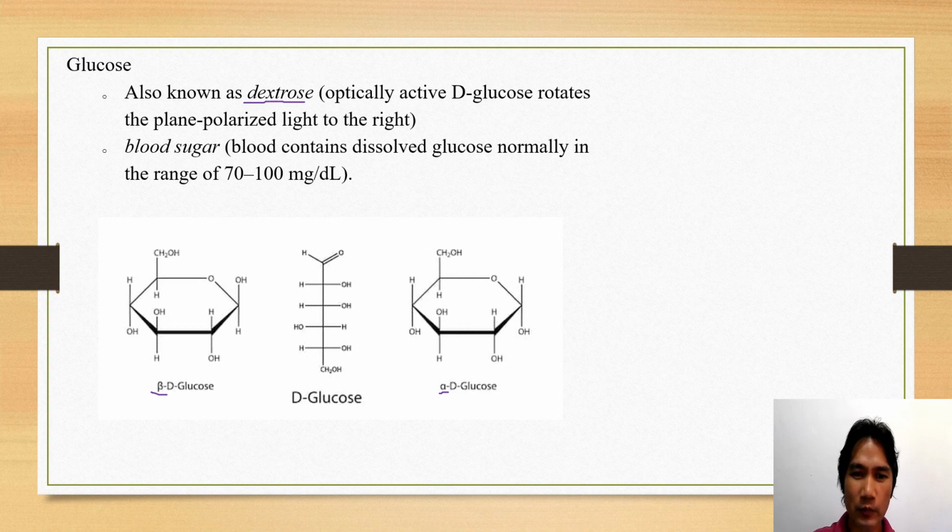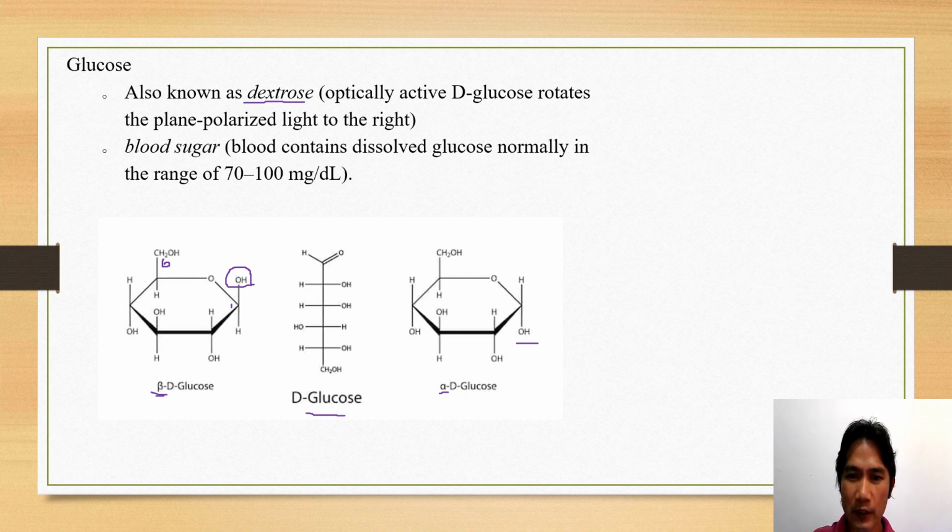And then we have here the open chain or open projection, which you call Fischer projection. The difference between beta-D-glucose and alpha-D-glucose is if the OH on carbon number 1 is at the same side as carbon number 6, that's beta.